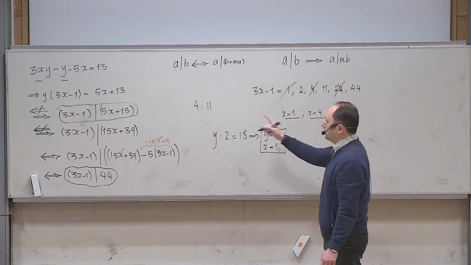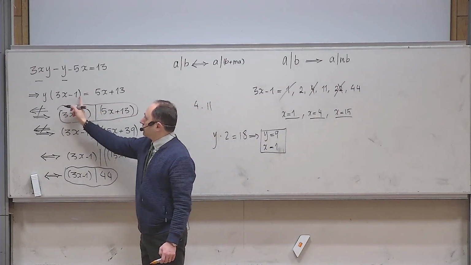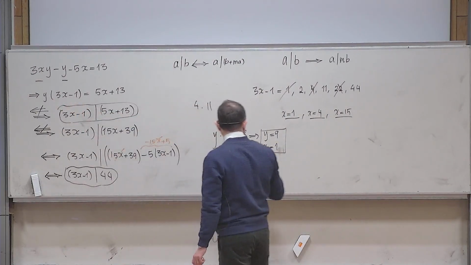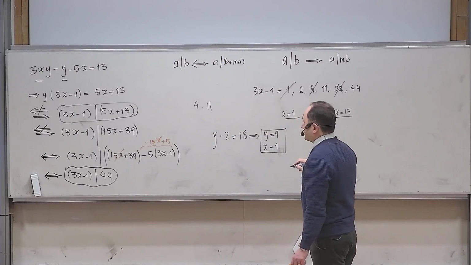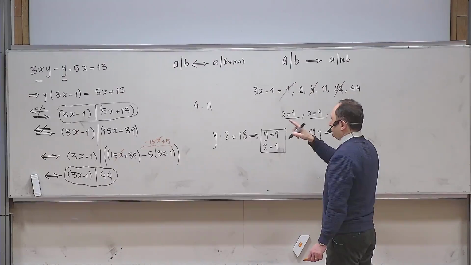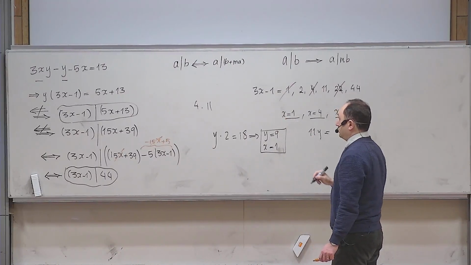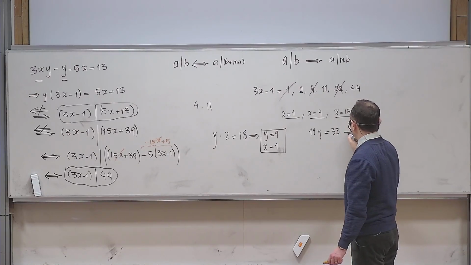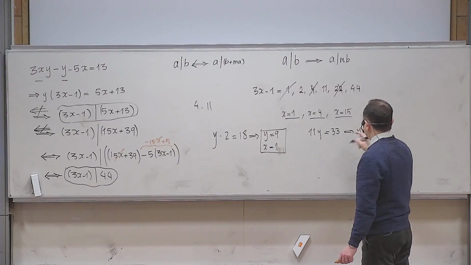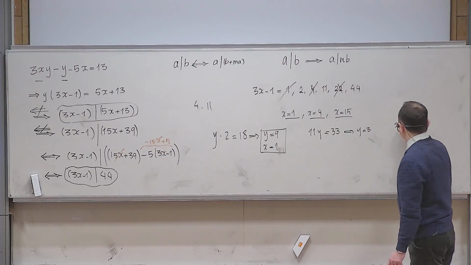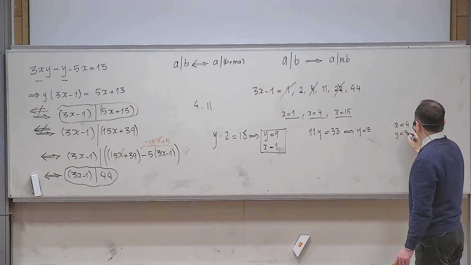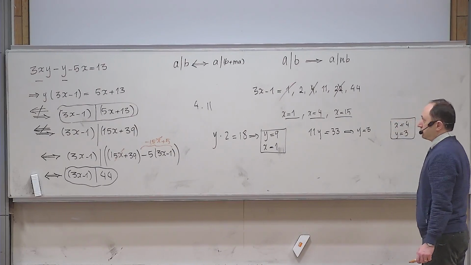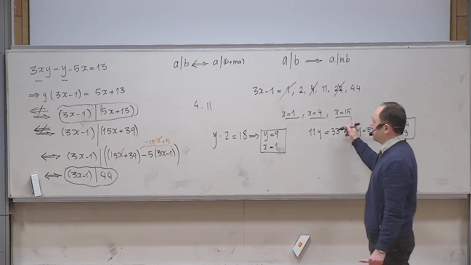If x is 4, I put it here, it becomes 11y equals 20 and then 33. Yes, so y becomes 3. So this means another pair is x equals 4, y equals 3. That is also acceptable. And then what about 15?